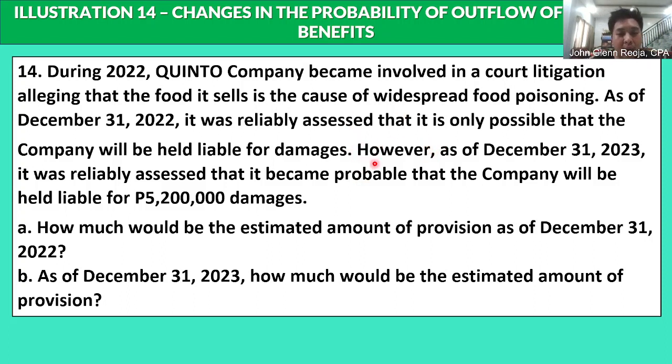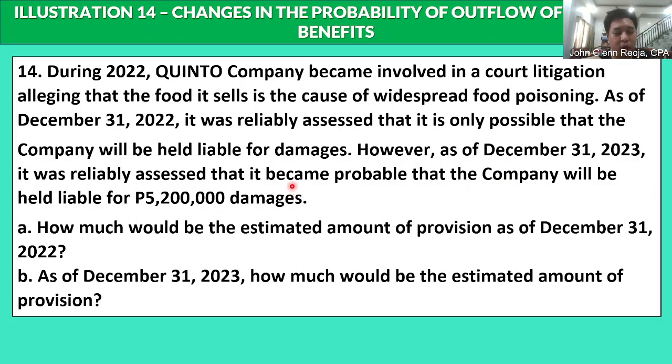However, as of December 31, 2023, it was reliably assessed that it became probable. From possible, naging probable na. So, ano yung gagawin? I-revise dapat natin. So, dapat as of December 31, 2022, may amount na ng provision. How much would be the provision? Sinabi niya, the company will be held liable for 5.2 million.